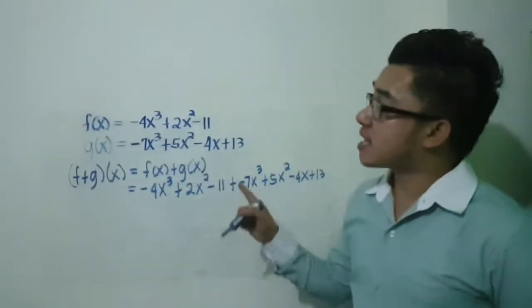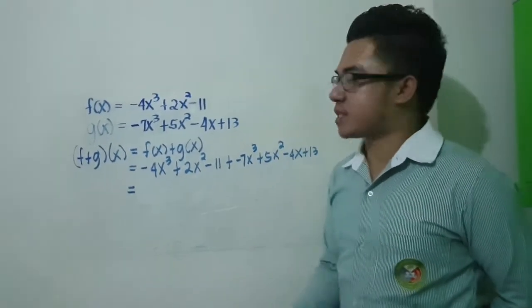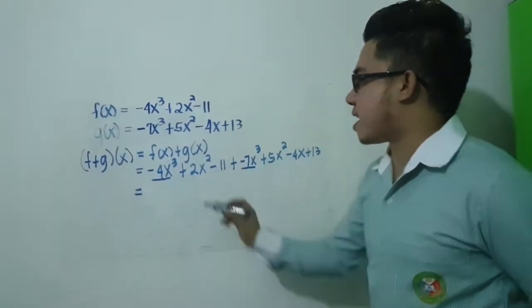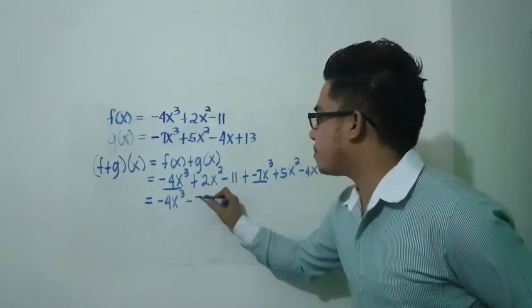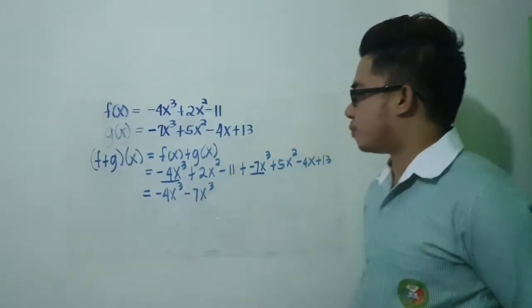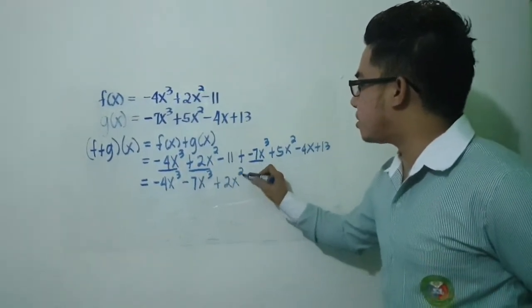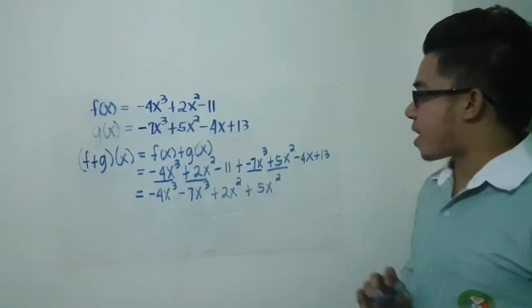Again, if it is addition, we go directly with collecting like terms. We have negative 4x cubed and negative 7x cubed. So we have negative 4x cubed minus 7x cubed. Positive 2x squared and positive 5x squared.